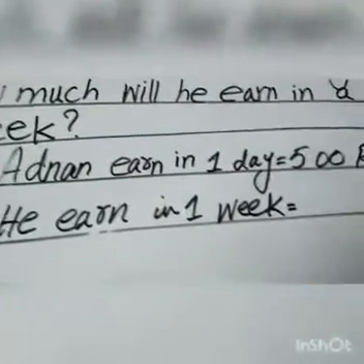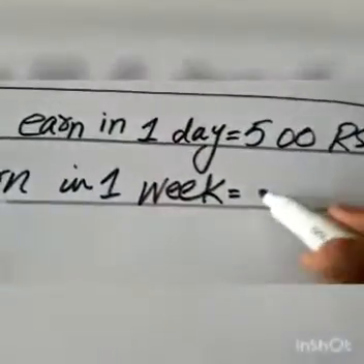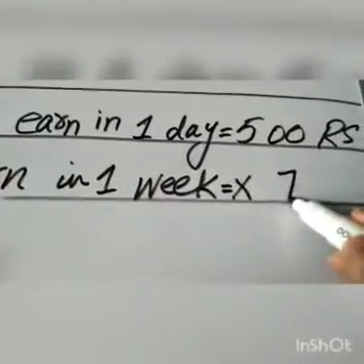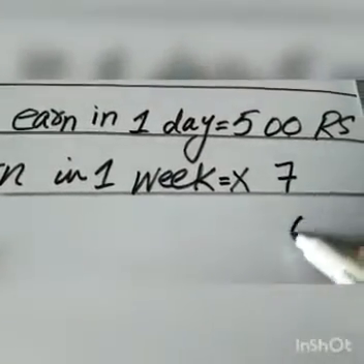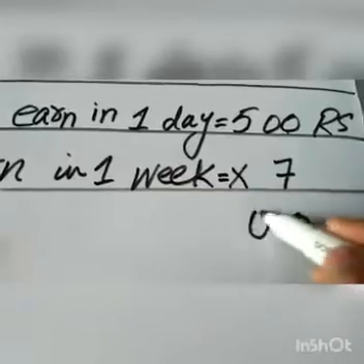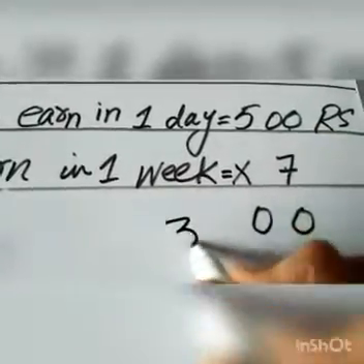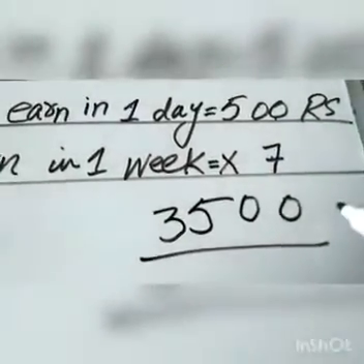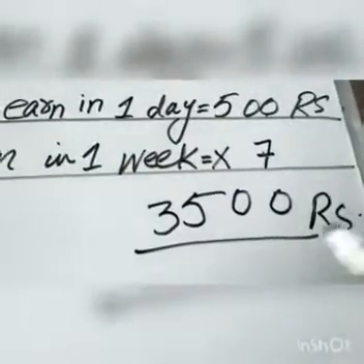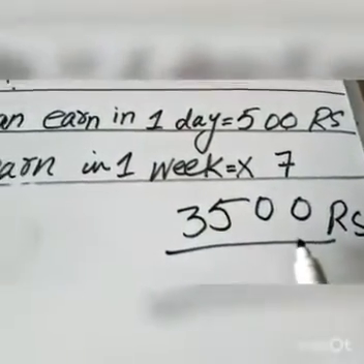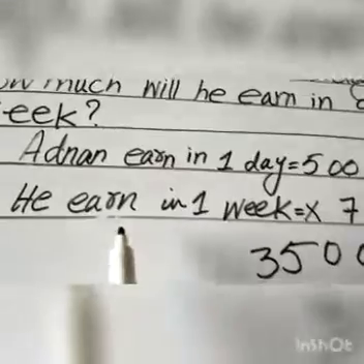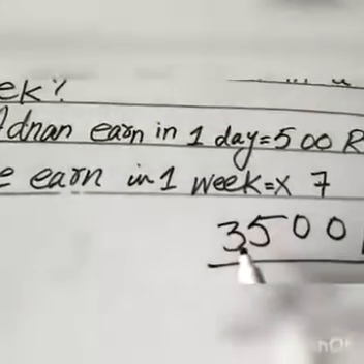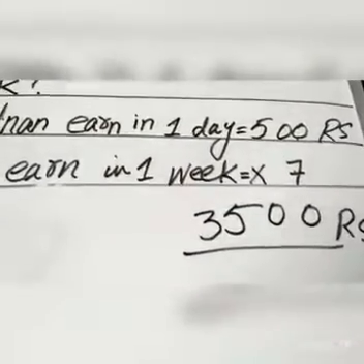In 1 week there are 7 days, so we have to multiply by 7. Okay, 7 0 times is equal to 0, 7 0 times is equal to 0, 7 5 times is equal to 35. So the answer is 3500. Okay, he will earn in a week is equal to 3500 rupees.